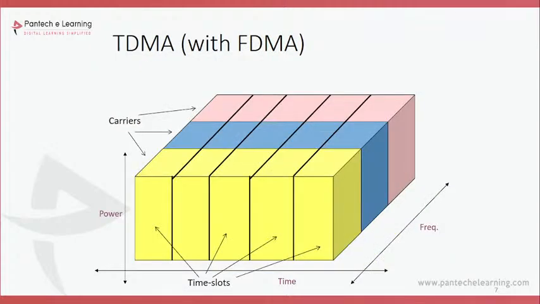Then TDMA with FDMA. What is the relationship between TDMA and FDMA? Now we know about TDMA, right? So this is a multi-carrier TDMA system. It has a 25 MHz frequency range that holds 124 signal channels. Each of these frequency channels contains 8 TDMA conversation channels.